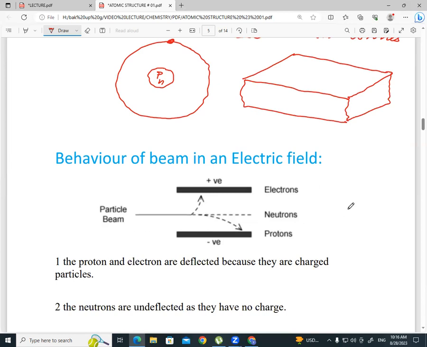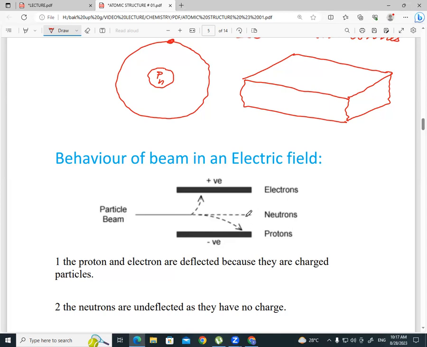When the subatomic particles of an atom are sent in the form of a beam through an electric field, these particles are deflected. See here, the neutron goes straight because it has no charge, so it is not deflected by any positive or negative electrical field.